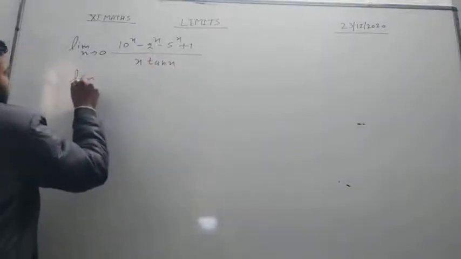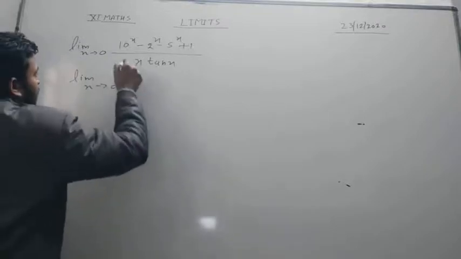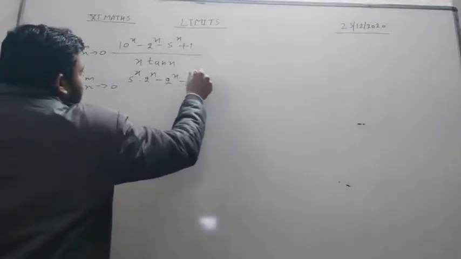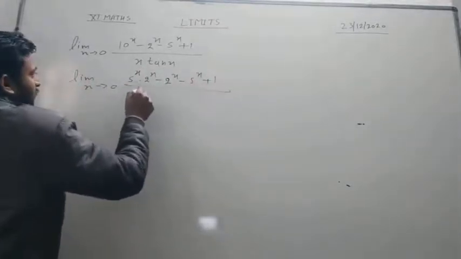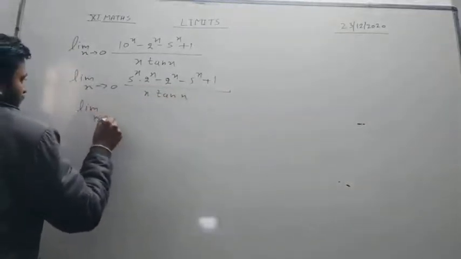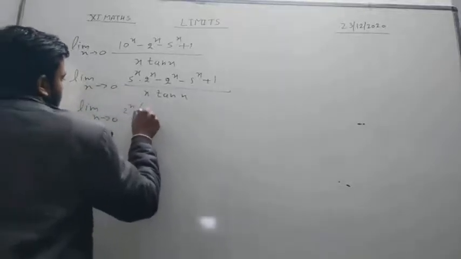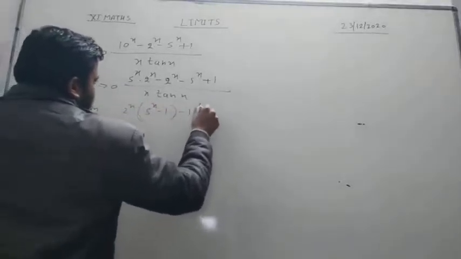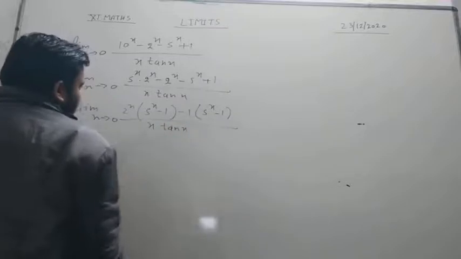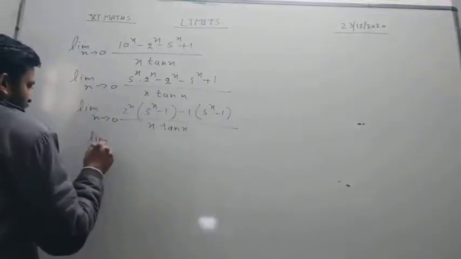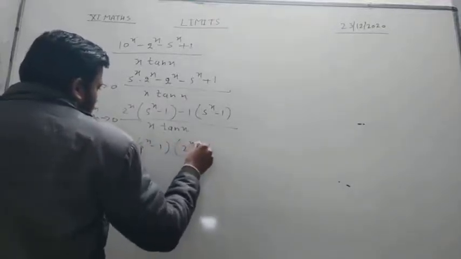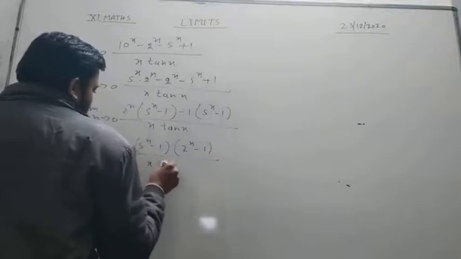So limit x tends to 0, this we can write as (5^x · 2^x − 2^x − 5^x + 1) / (x tan x). Taking 2^x common, limit x tends to 0, (2^x − 1)(5^x − 1) / (x tan x).